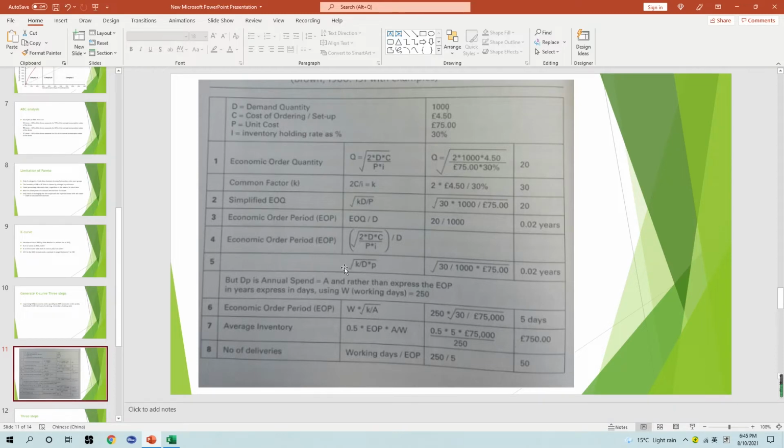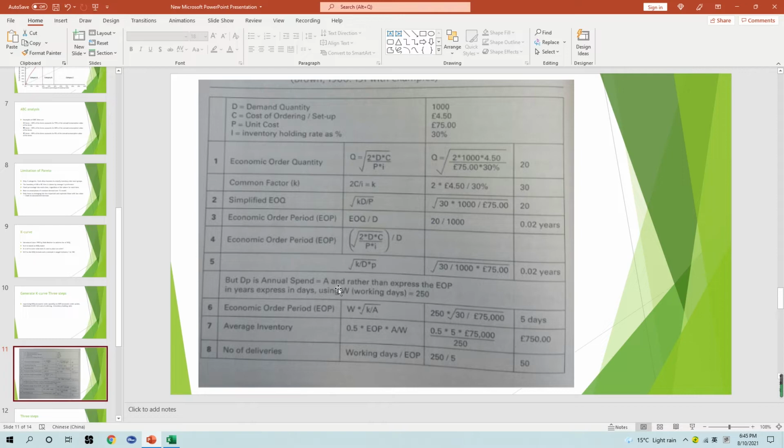So what we can do is use D times P, which is demand quantity times unit cost, because it's the annual spend. We multiply this by the working days.